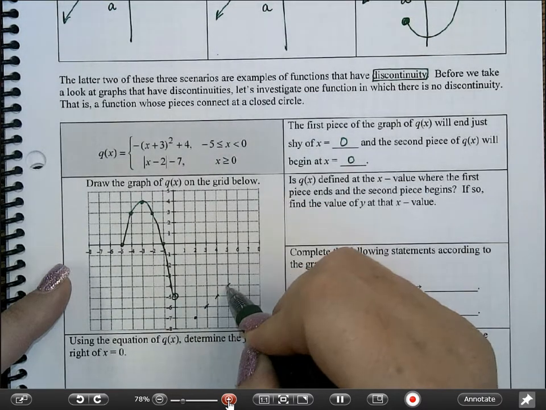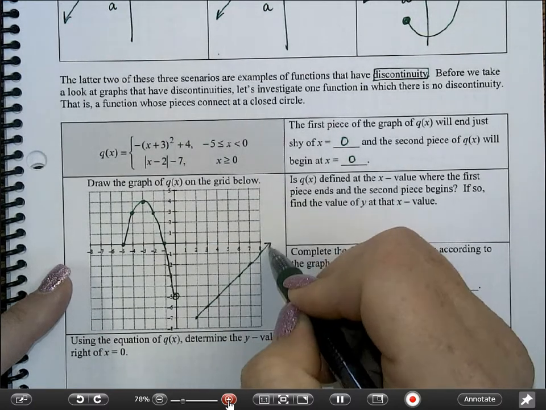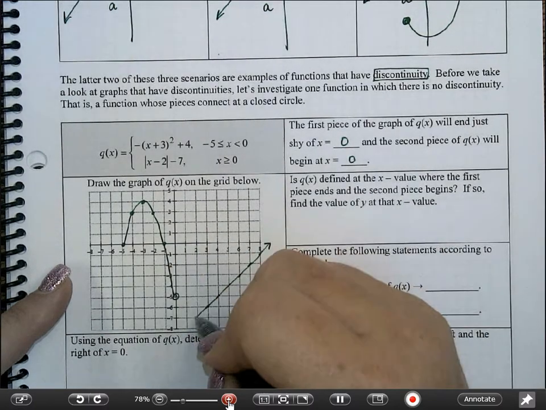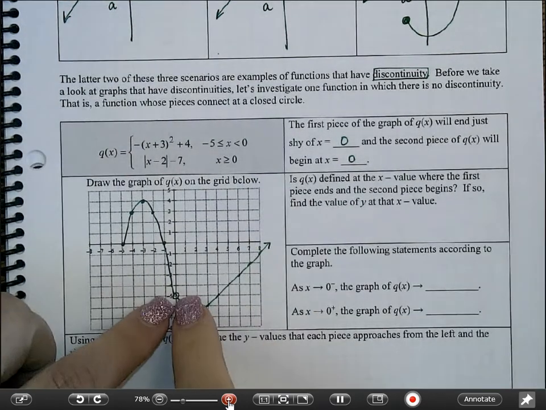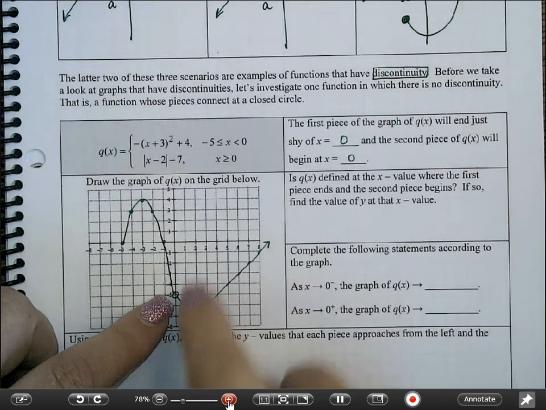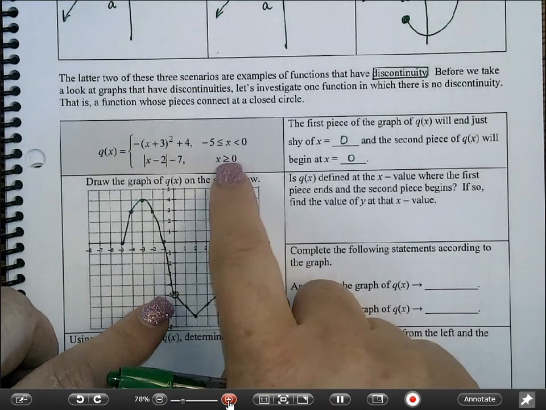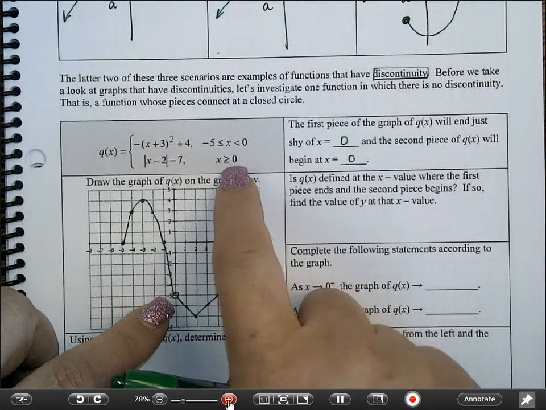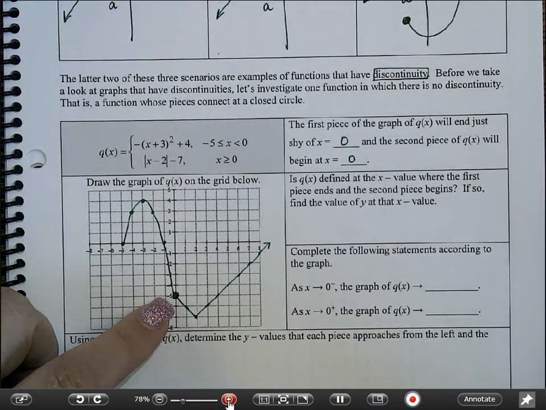So I'm just going to have the arrows that way, and again it starts at 0. Now remember that this one was open, but it looks like they begin and end at the same spot. So even though this is open and that one is closed, we still need to close it. Okay?